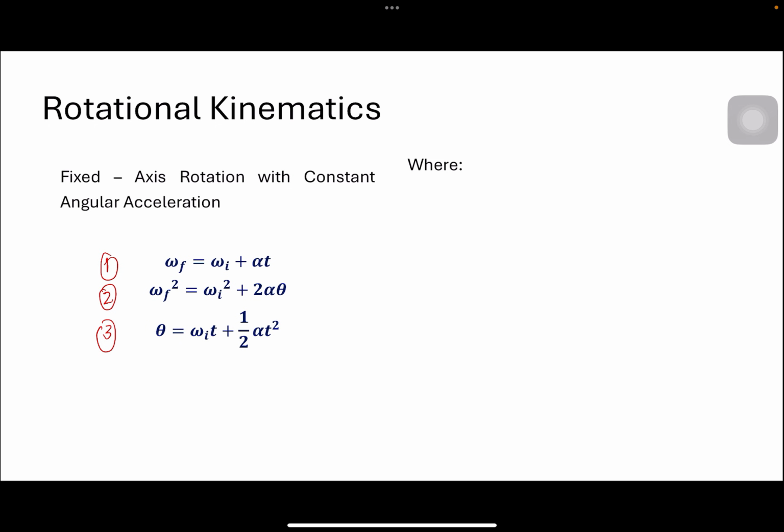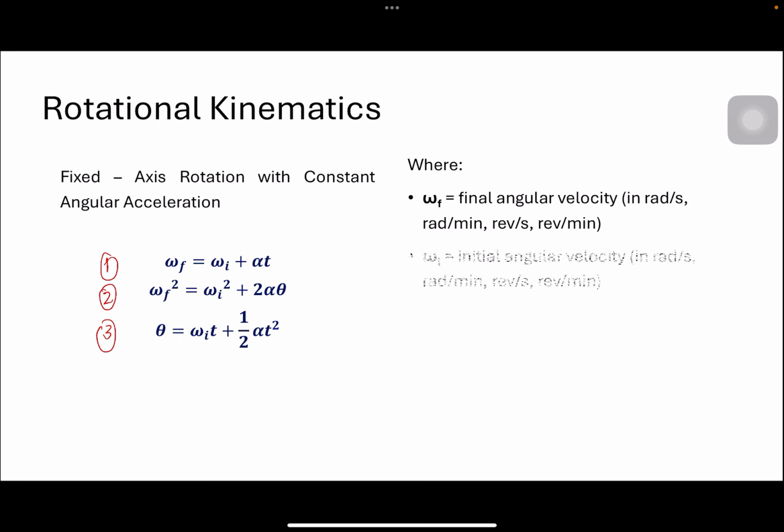So here are your variables. We have your final angular velocity, which can be in radians per second, radians per minute, or revs per second, revs per minute. We have your initial angular velocity of the same units because they're the same quantity. It's just that it is measured initially.